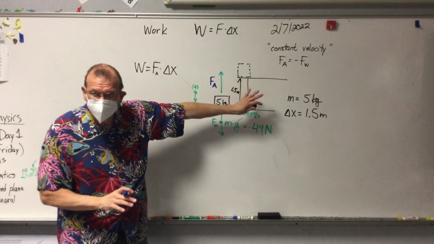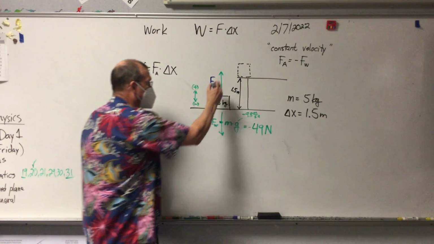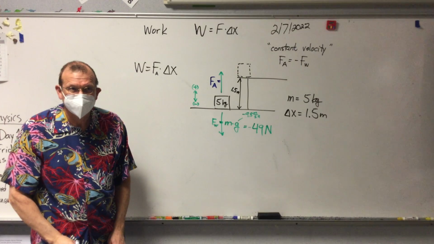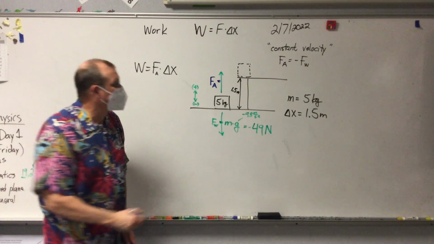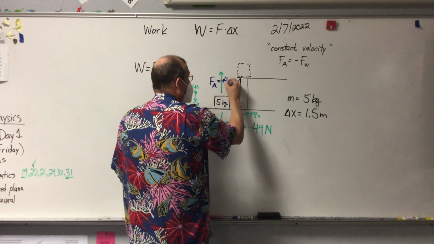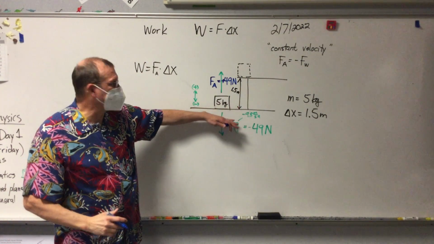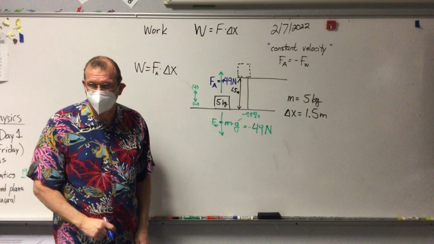Now, based on what we just said, who can tell me how big that's going to be? 49. It will be positive 49 newtons, because we said we're going to have this thing be lifted up at a steady rate.